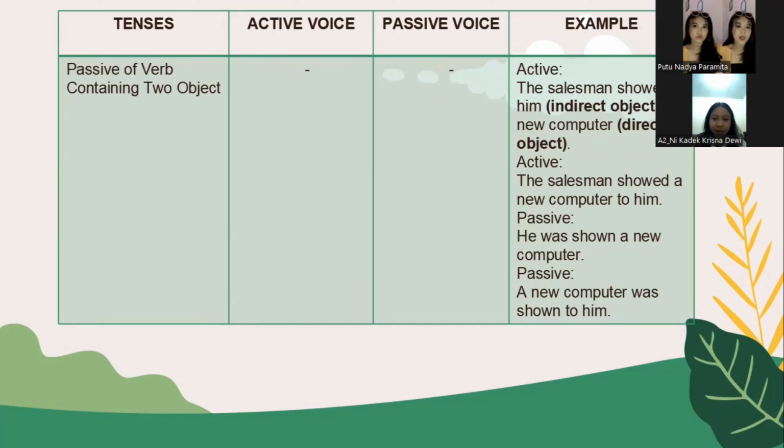For the example, for active: the salesman shows him, the indirect object, a new computer, the direct object. The active example: the salesman sold a new computer to him. The passive is: he was sold a new computer, or a new computer was sold to him.